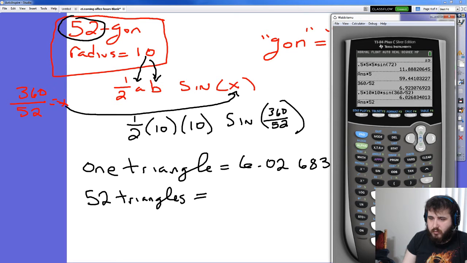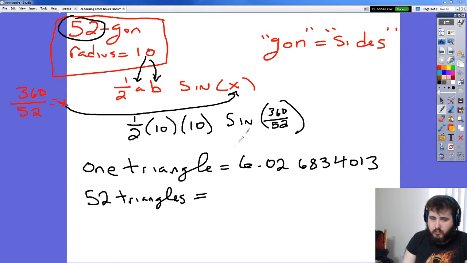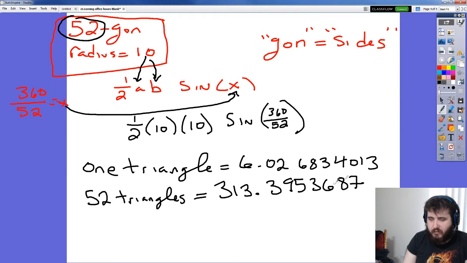There's 52 triangles, and so my final answer here is 313.3953687. You know, whatever the units are.